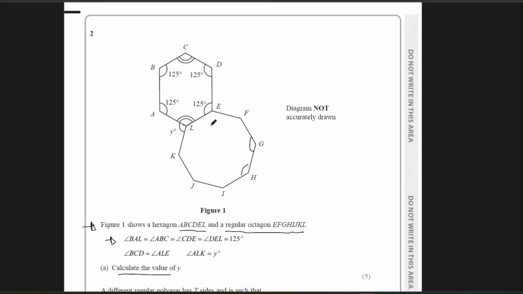To do that, we need to figure out the other angles: the interior angle of the regular octagon, and this angle within the hexagon. Let's start with the hexagon. We can calculate the sum of interior angles using a formula.